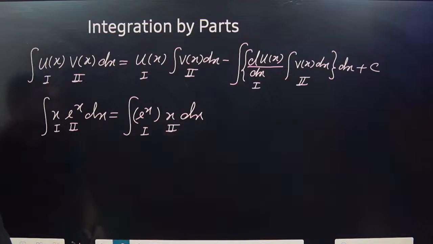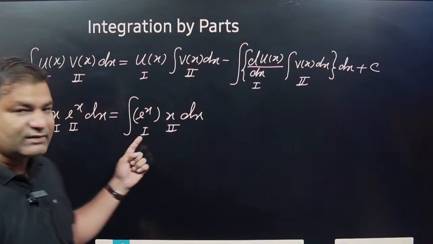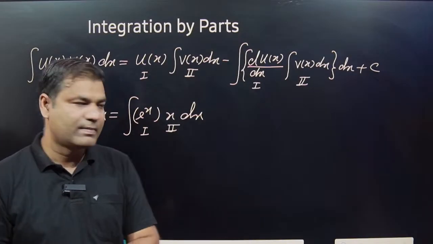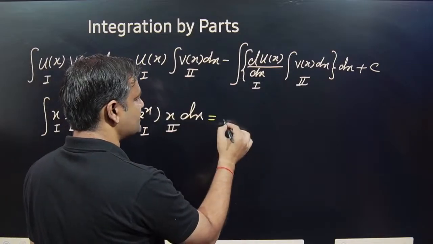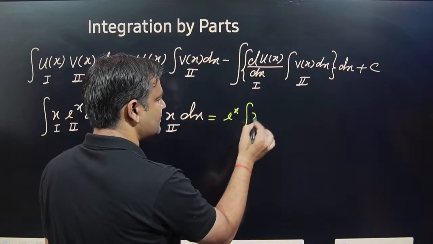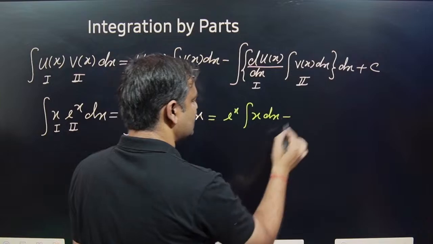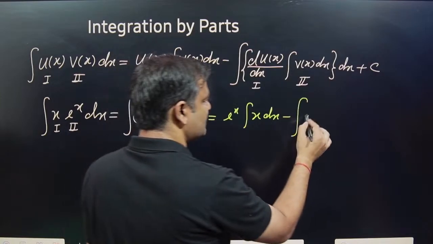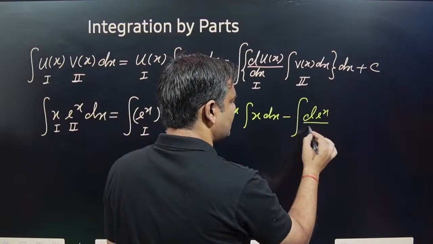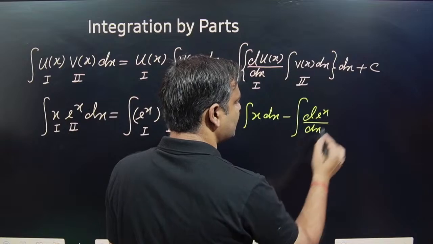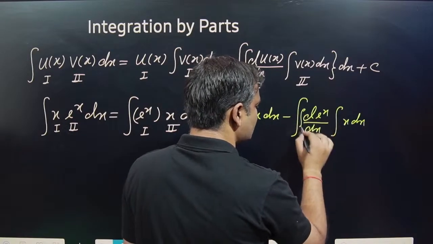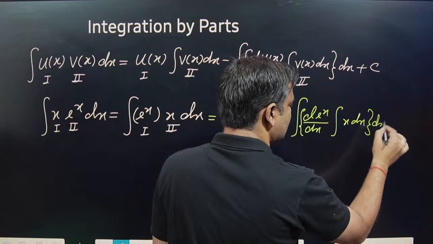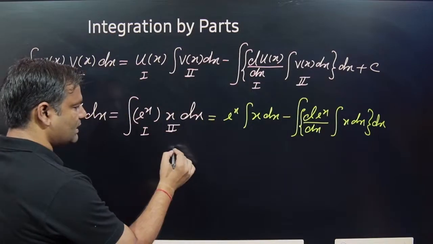Look, if you take this one first and this one second, then you can apply the formula. So first into integration of x dx, minus differentiation of e to power x divided by dx into integration of x dx. Clear? What is that value?